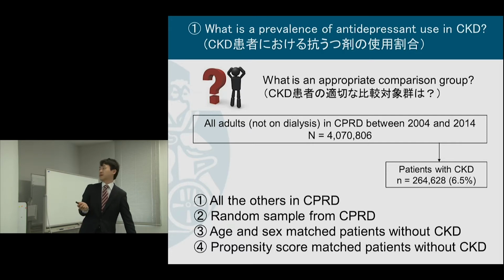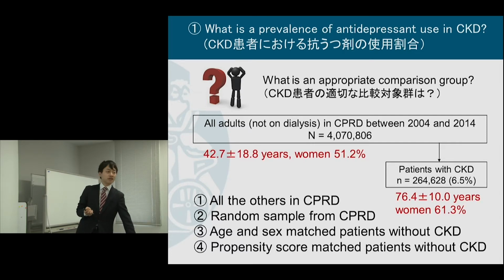But what I found was the age and sex distribution was quite different between the groups. So if I chose number 2, maybe it's no different from comparing older people and younger people about antidepressant use. So I needed to use age and sex matched patients without CKD.